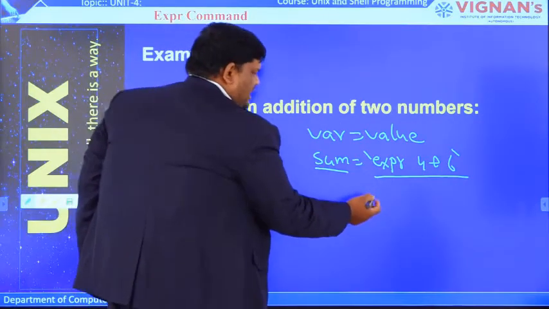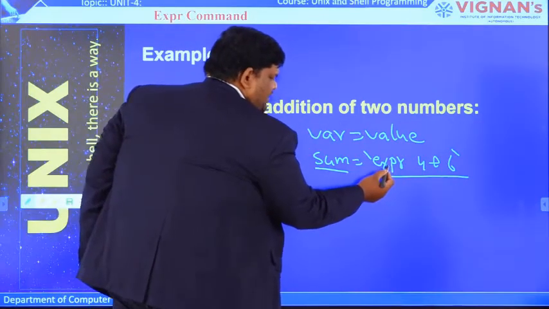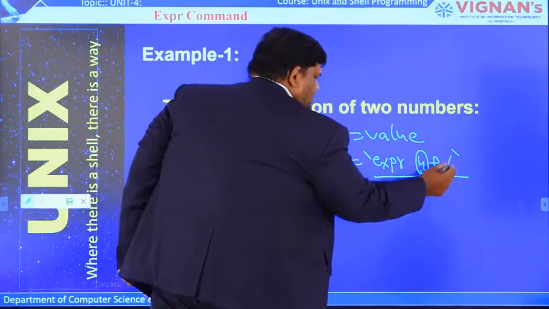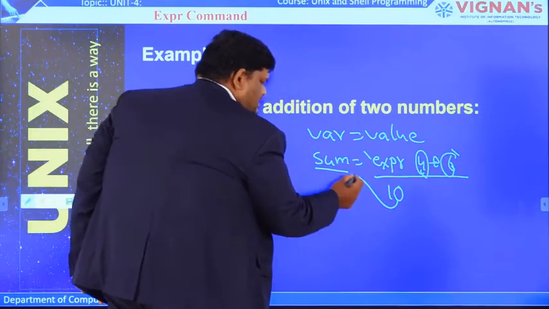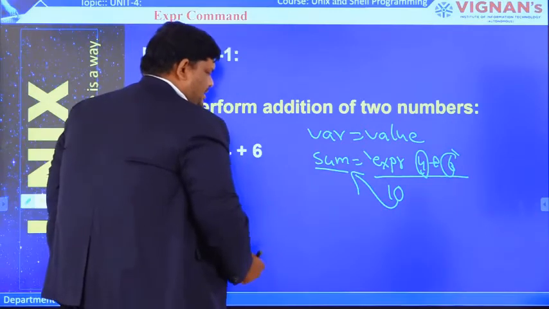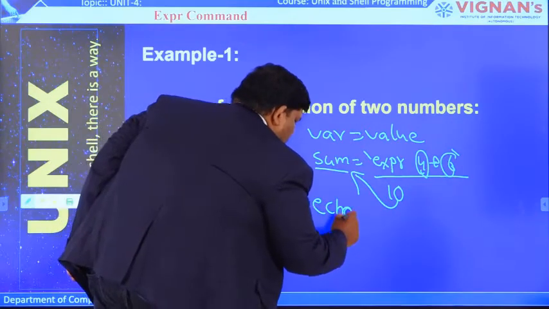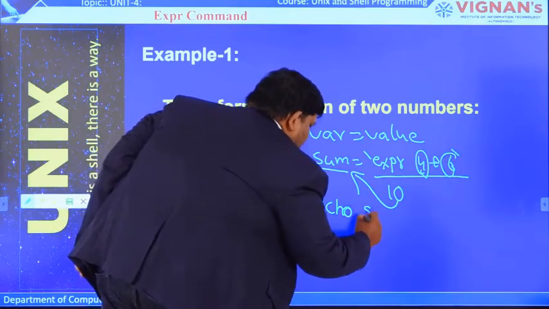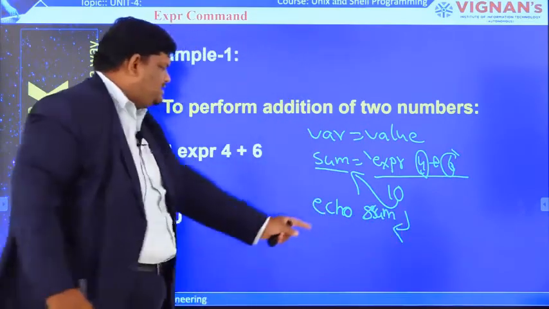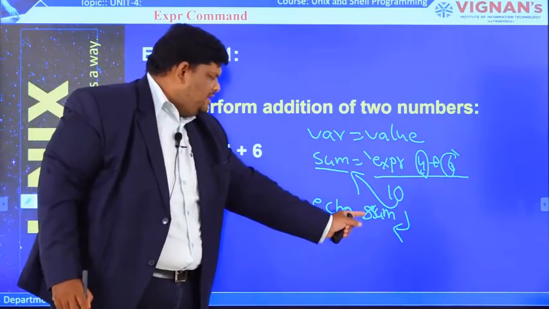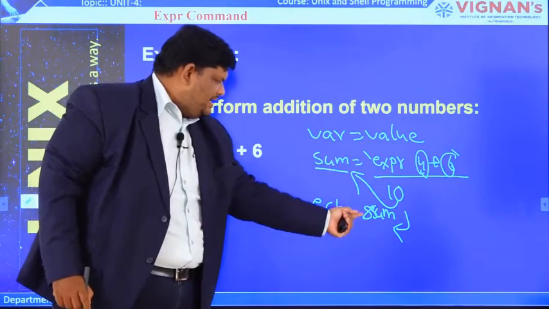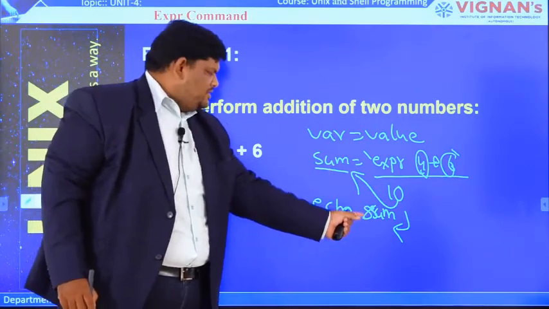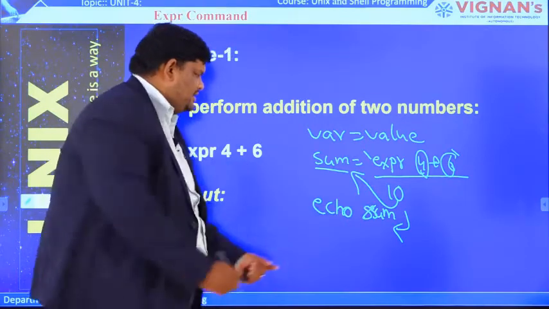EXPR evaluates and adds 4 plus 6, the answer is 10, and this value is stored in the variable sum. If you want to print that output, we know that the dollar sign accesses the value present in a variable, so we write $sum, and we get the answer 10.